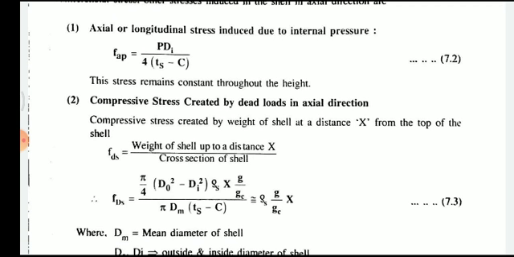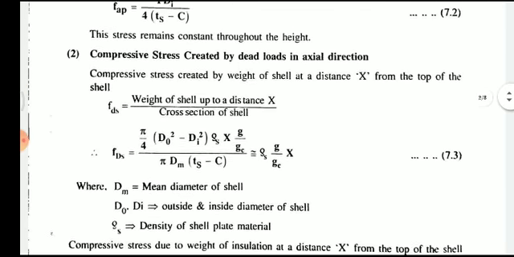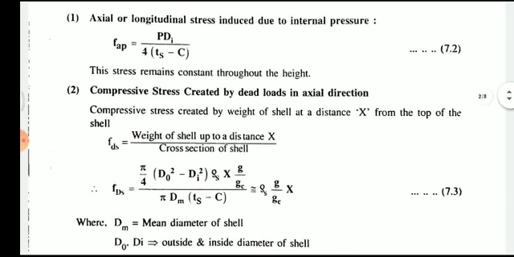So it is f_ds equals pi by 4 (do square minus di square) into rho_s x g by gc, divided by pi dm (ts minus c), approximately rho_s g by gc into x.